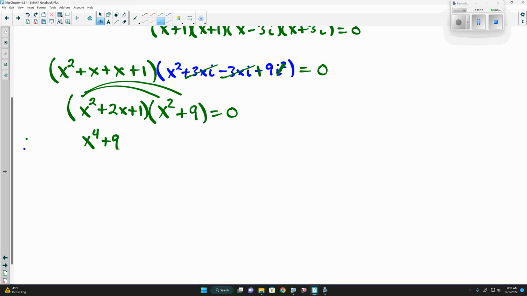Plus 9x squared. 2x times x squared is going to be plus 2x cubed. And 2x times 9 is going to be plus 18x. And lastly, 1 times x squared is going to be plus x squared. And lastly, 1 times 9 is plus 9.